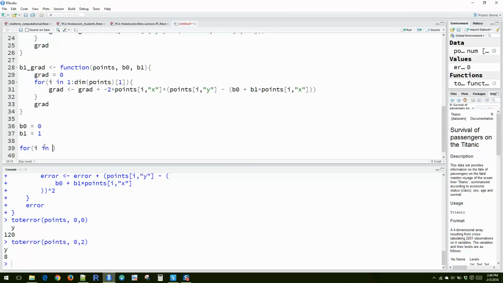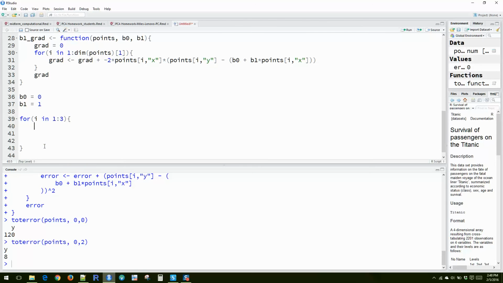Okay, for i in 1 to 3, what we're going to do is start off with our b0 and b1, and what we do is we find the b0 gradient of our points and our current estimate of b0 and b1. We find the b1 gradient of that. Okay.